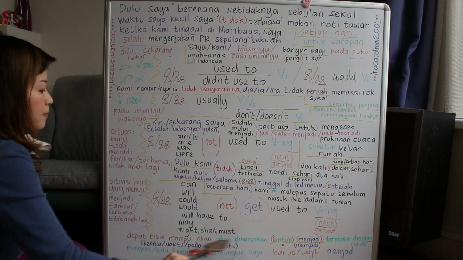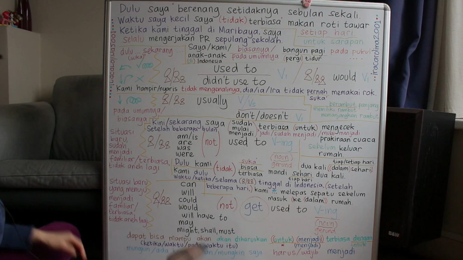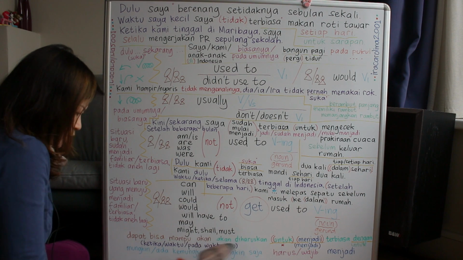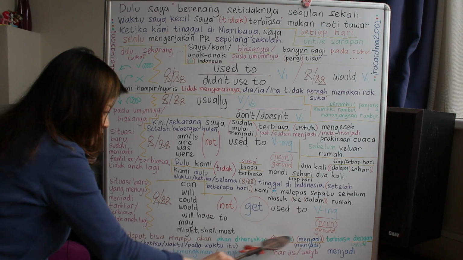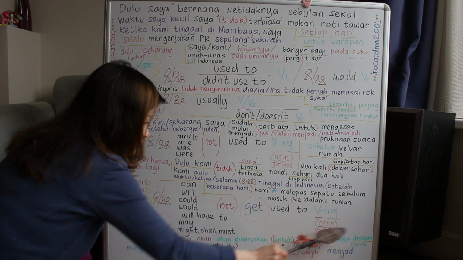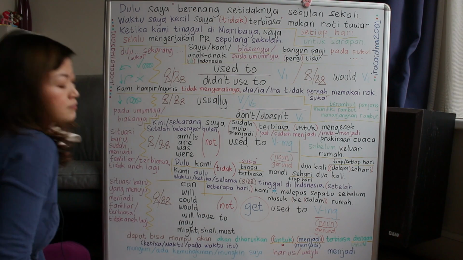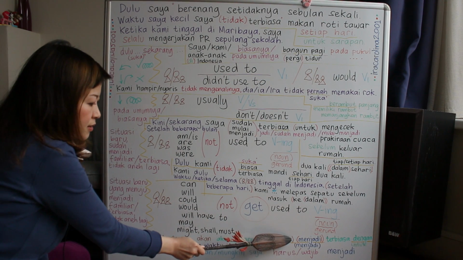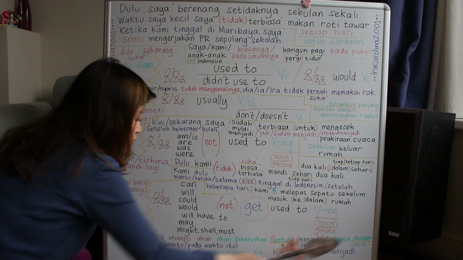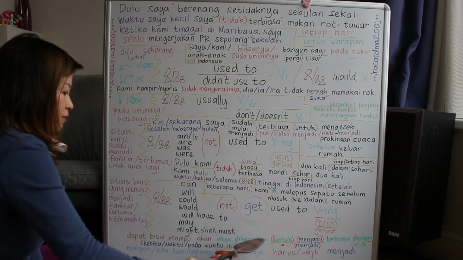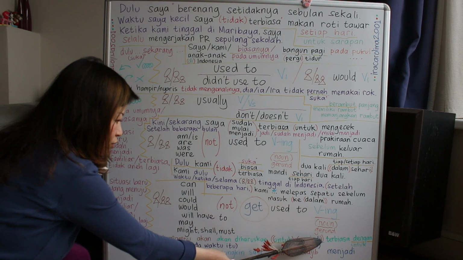But for this, I will tell you now. You can use this one and this one before you say this one, or you can just say this word and then this one with this one, or you can just say the untuk.